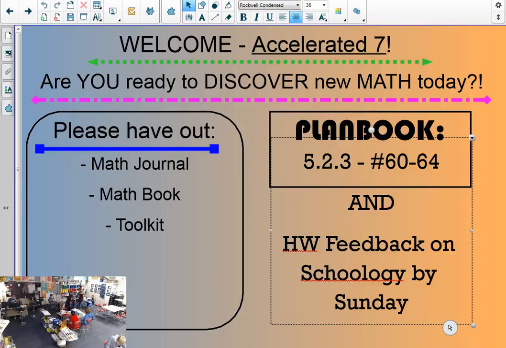At 5.2.3, wait, 60. Hey, the board is wrong. The board, this is wrong. It's 49 to 53. That's my mistake. Cross it out, write the right thing.